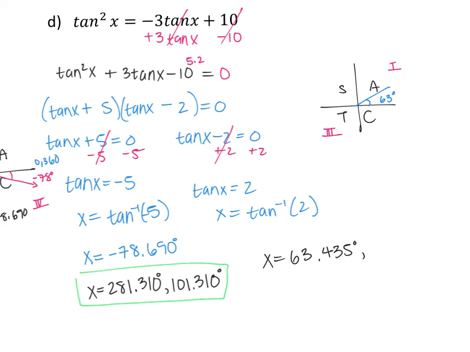So if this is 180 and this is 63 degrees down, I need to add 180 with 63.435 degrees, and I would get about 243.435 degrees as my angle. So I definitely now have a first quadrant angle, and this here definitely looks like it's in the third quadrant.